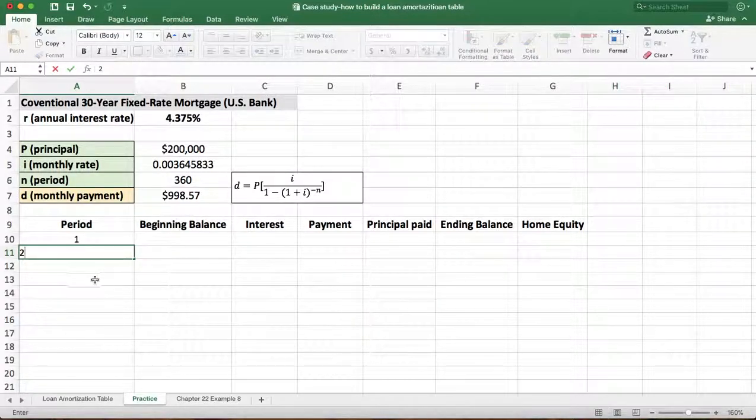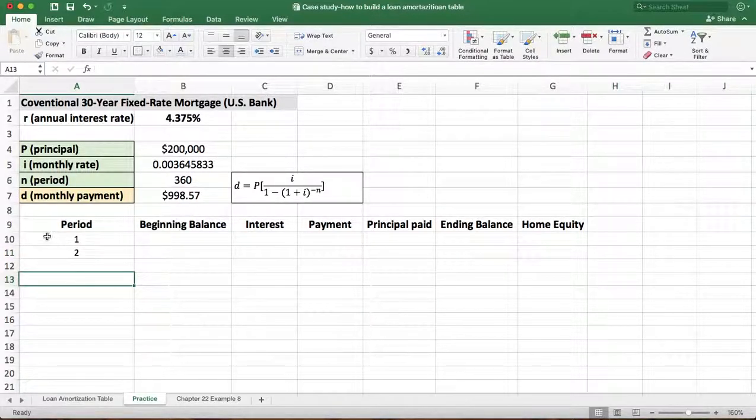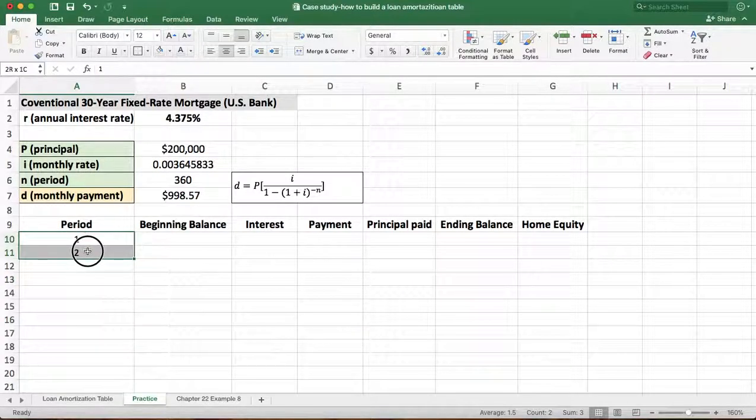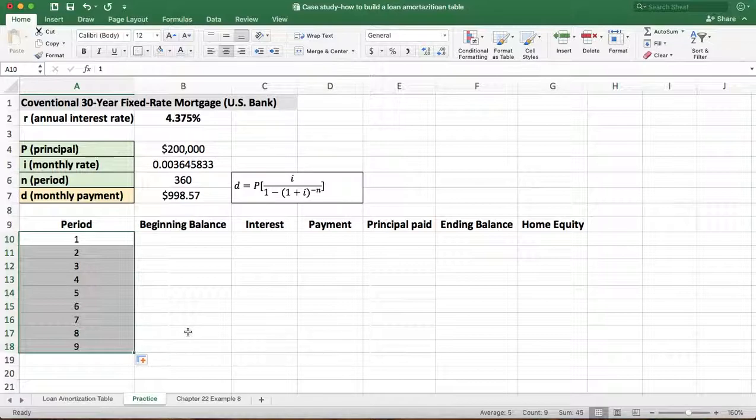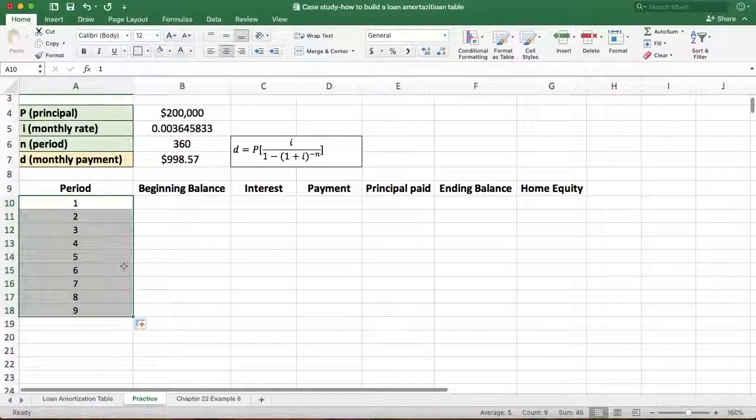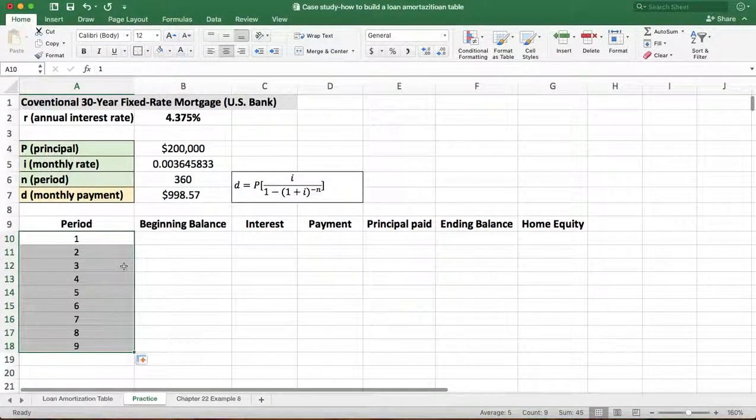Type 1, 2, and we choose these two rows and drag down until we get to 360. We need to take a break because it's too long. But no worry. In Excel, there is an easy way to do it.